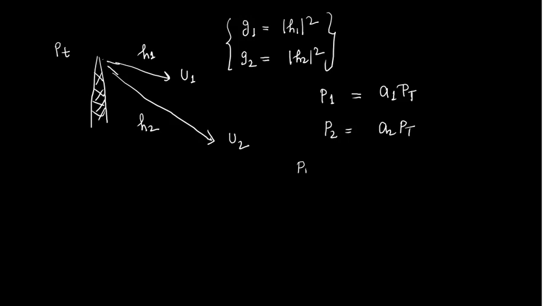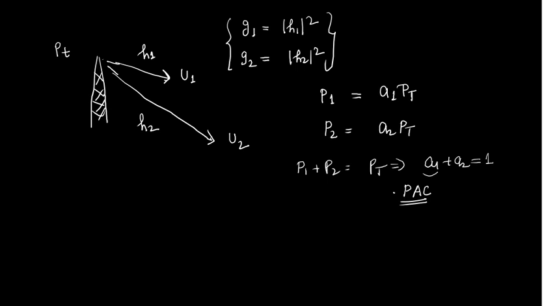Since we know that P1 plus P2 should be equal to PT, therefore A1 plus A2 must be equal to 1. So A1 and A2 are also known as power allocation coefficients. A1 decides the amount of power which goes to user 1, and A2 decides the amount of power which goes to user 2. That is why they are called power allocation coefficients.